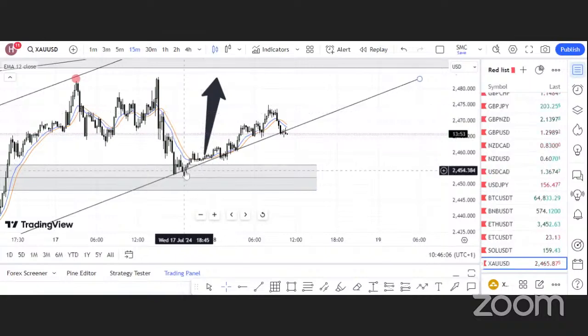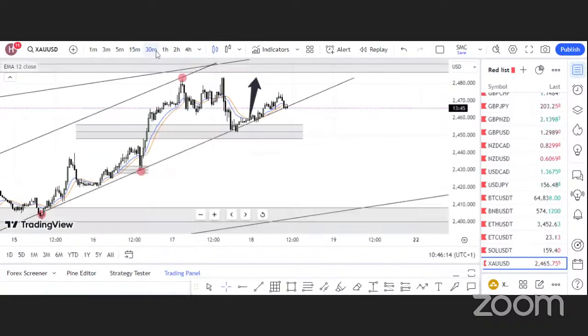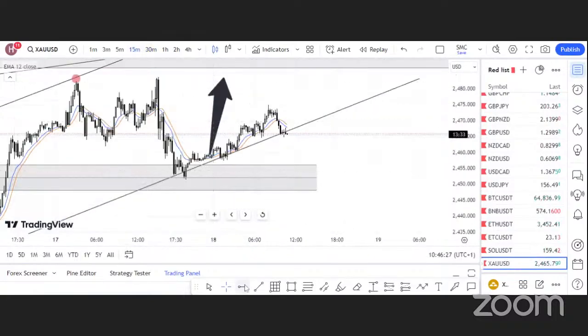You see, I was actually waiting for the move from this price point. Well, unfortunately, I didn't get the move on time. I wasn't able to catch the move from the starting point.